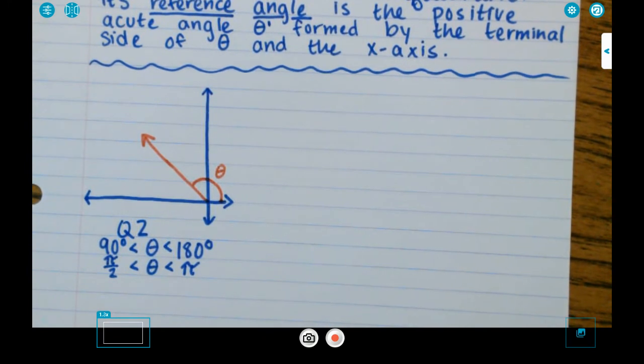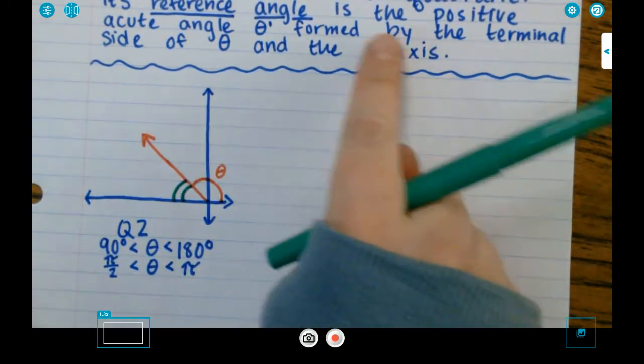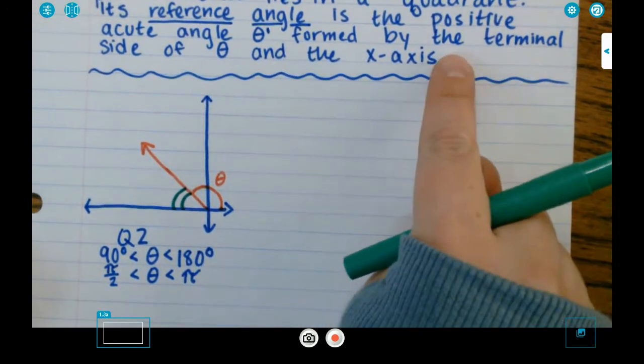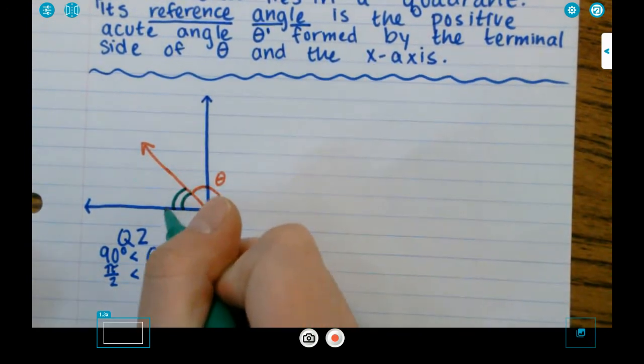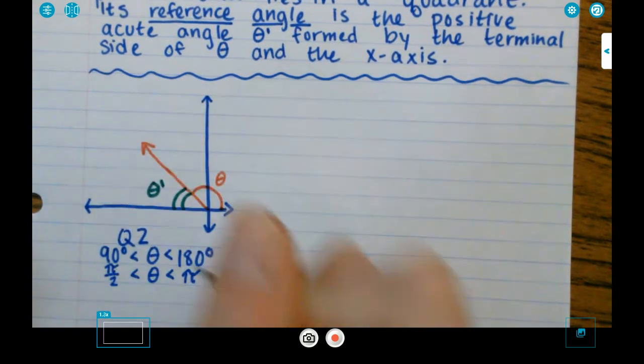Instead of using that theta, which is going to be between 90 and 180 degrees, or pi over 2 and pi, we are going to find this little angle right here. That's the positive acute angle formed by the terminal side of theta and the x-axis. It's going to be this angle in here, and that is going to be our theta prime.